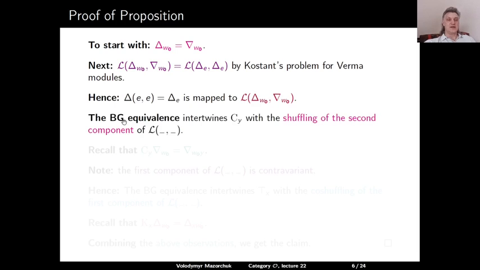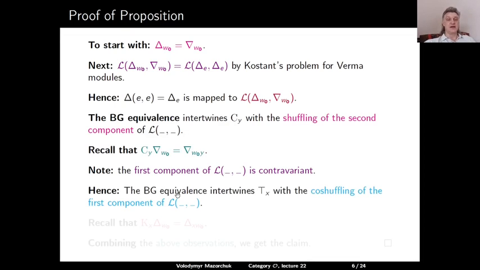We also know that the BG equivalence intertwines the shuffling functor Cy on the principal block O0 with the shuffling of the second component of the bimodule. And we know that Cy of nabla w0 is equal to nabla w0 y. So the first component of L is contravariant because it's a Hom functor.